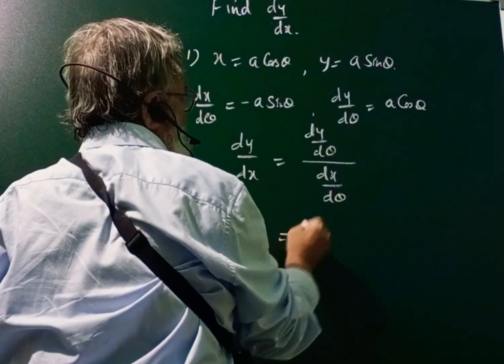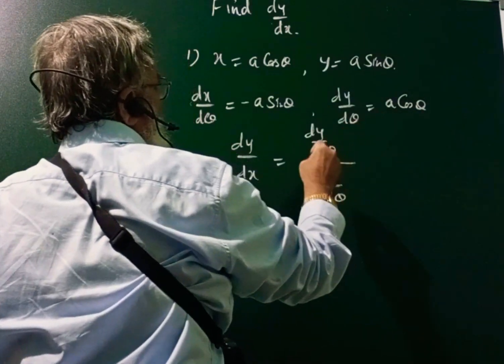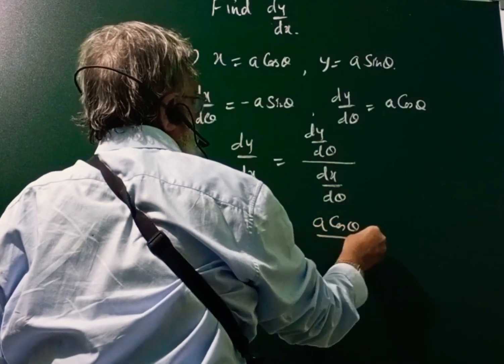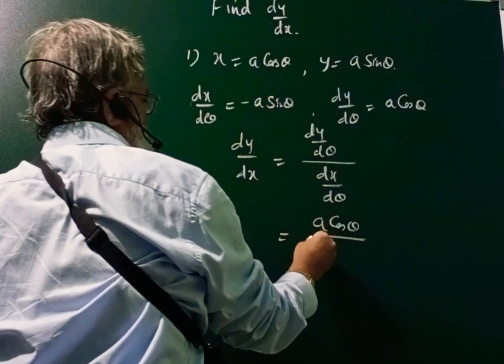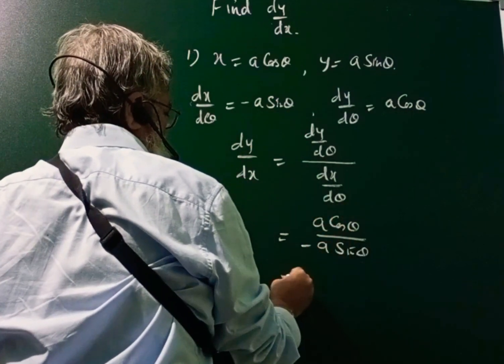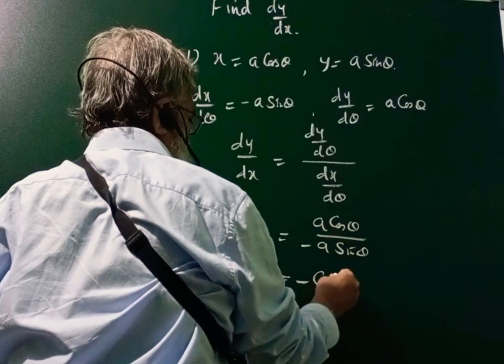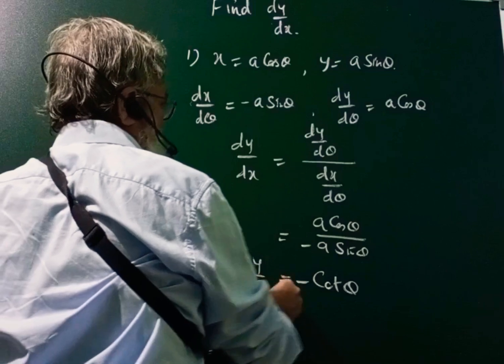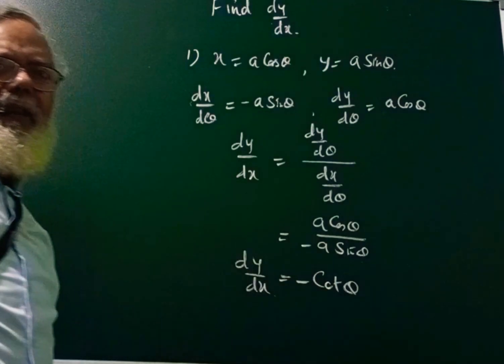Dy by d theta is a cos theta divided by dx by d theta, minus a sin theta. Now a cancels with a, minus cos by sin is given by cot theta. That is the value of dy by dx.